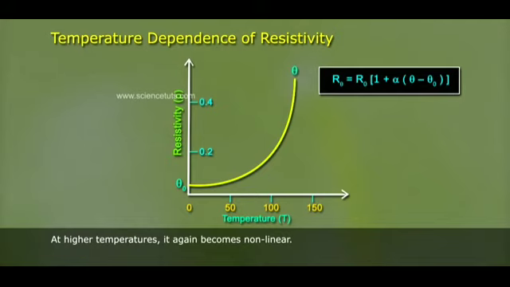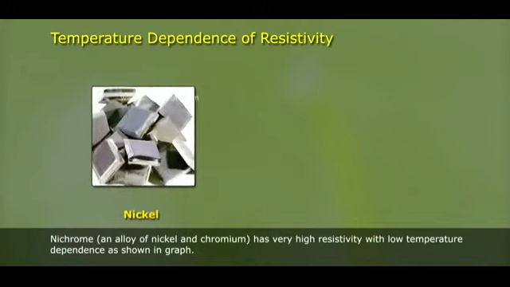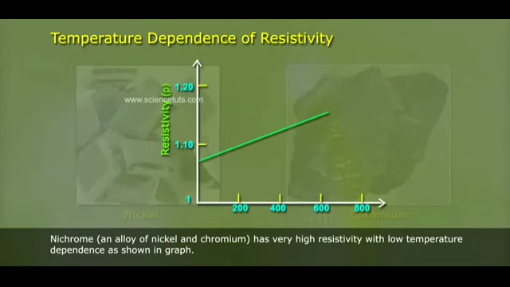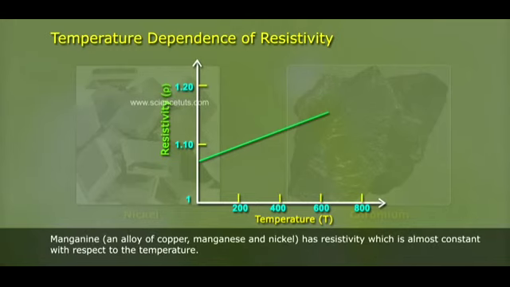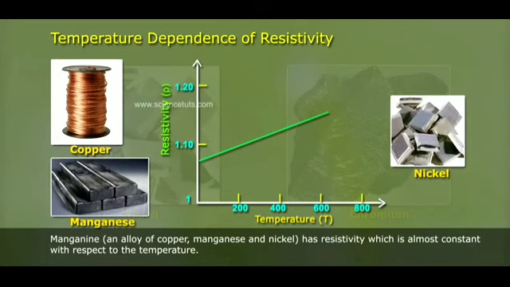Next, temperature dependence of resistivity. For semiconductors, the resistivity decreases with increase in temperature. As the temperature increases, more electrons are liberated from their atoms. Hence the current increases and therefore the resistivity decreases. A semiconductor with a negative temperature coefficient of resistance is called a thermistor.